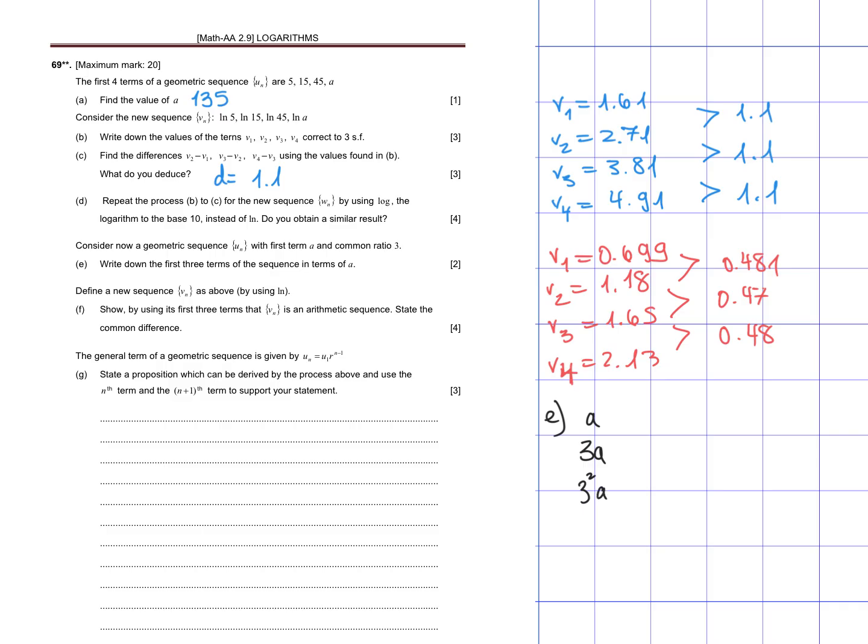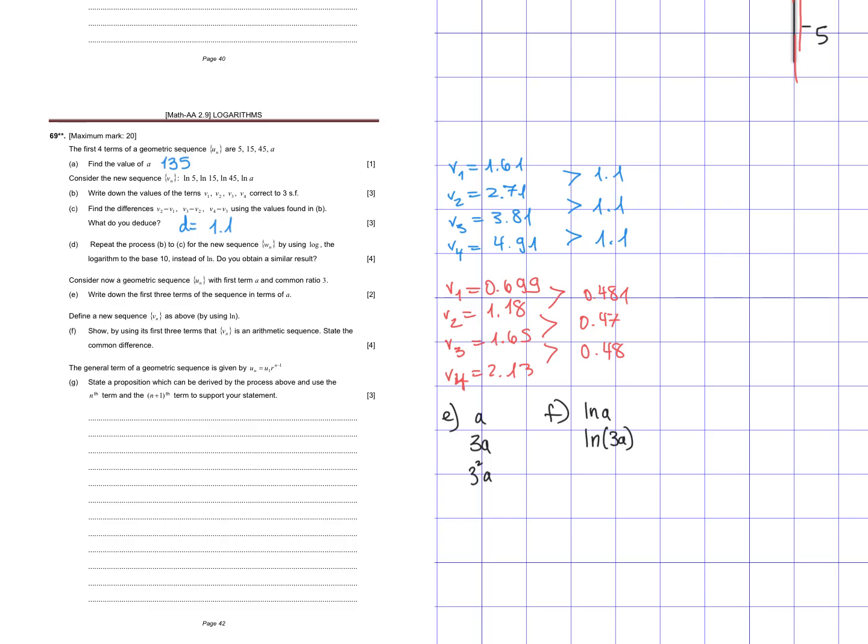So if we define a new sequence, v sub n, as above by using natural log, we're going to have natural log a, natural log 3a, which is going to be natural log 3 plus natural log a, and then we're going to have natural log 3 squared a, which is natural log 3 squared plus natural log a, which is 2 natural log 3 plus natural log a.